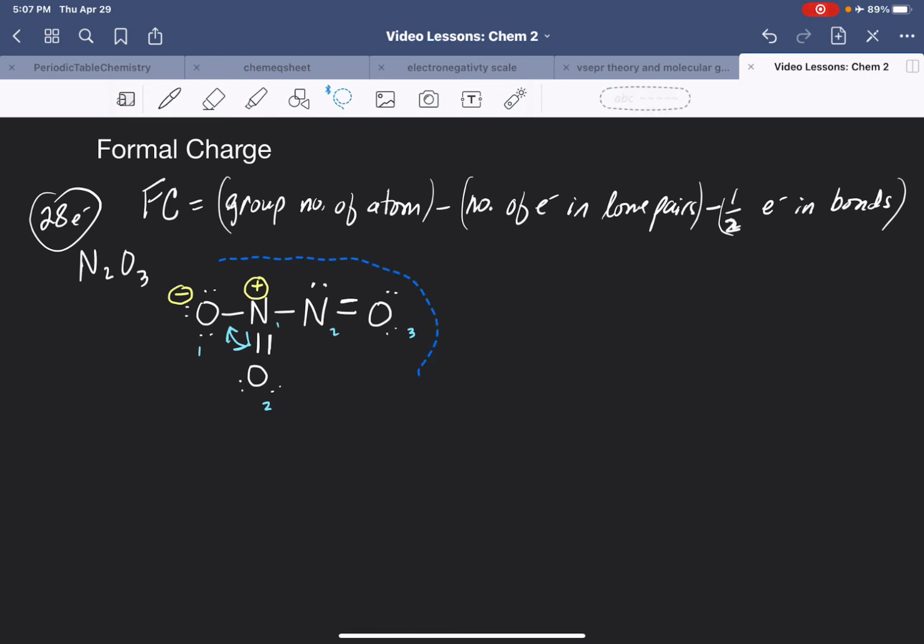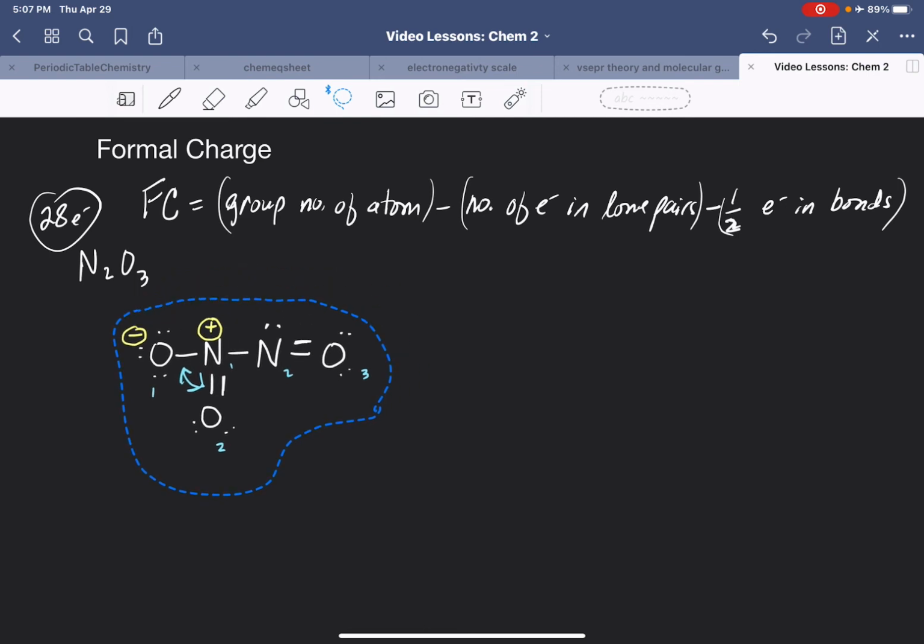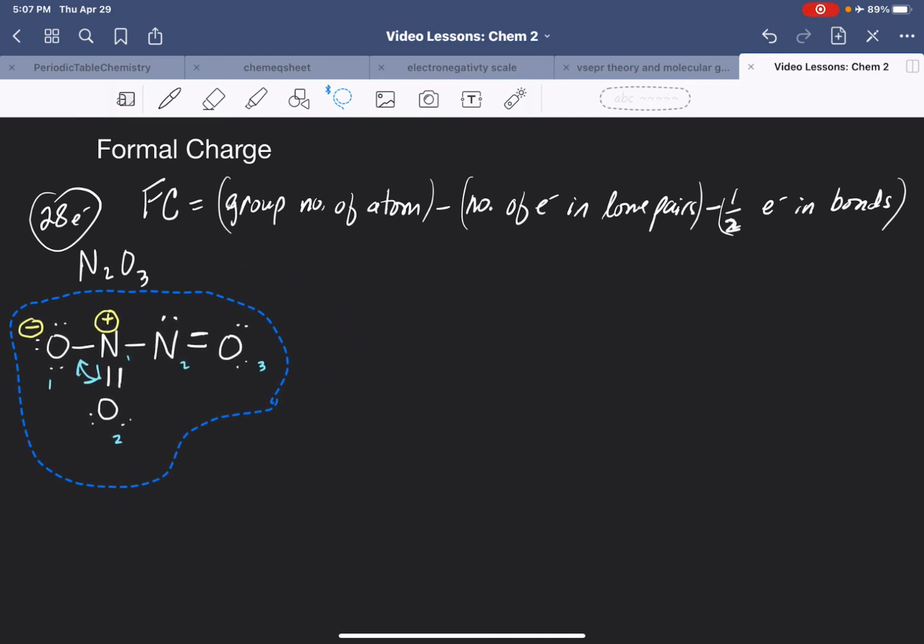So what I'm going to do is move this to the side, because we know that this is a good structure. Let me remove that. That's a good structure right there.